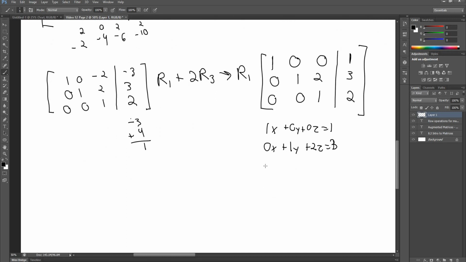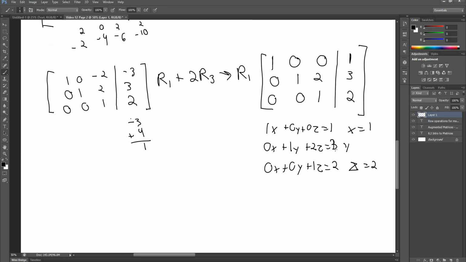And for my last row, I have 0x plus 0y plus 1z is equal to 2. So from equation 1, I get x equals 1. From equation 3, I get z equals 2.